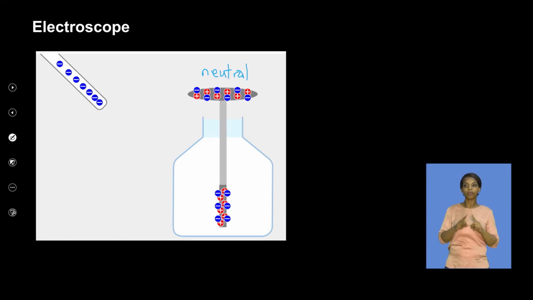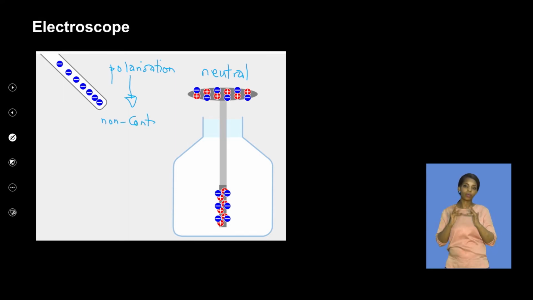So if we bring this closer to the neutral electroscope without touching, polarization does occur. Remember, if we don't make contact, the field forces or non-contact forces act on these charges. And polarization is due to non-contact forces, all right?